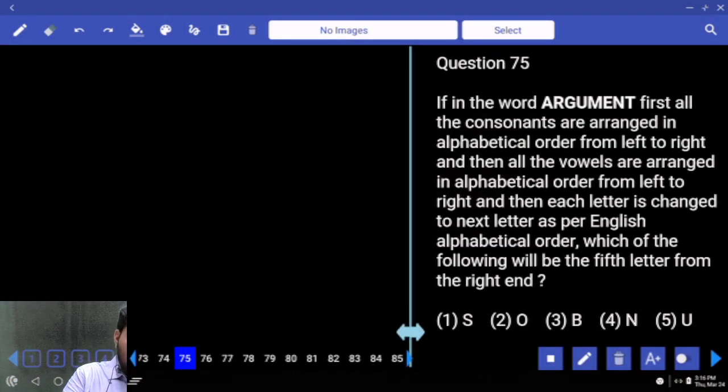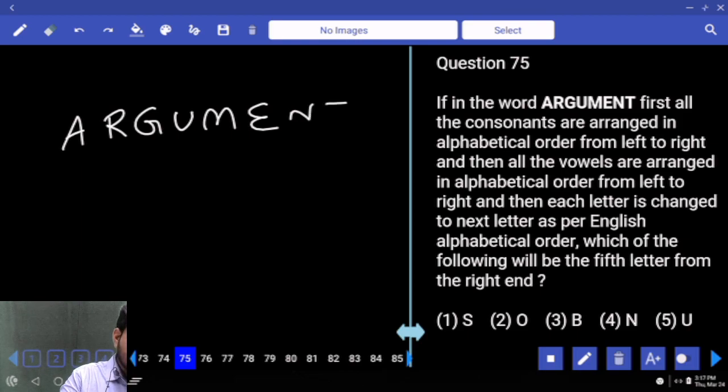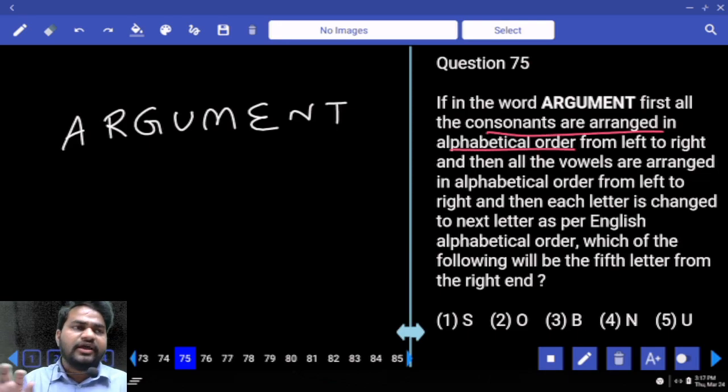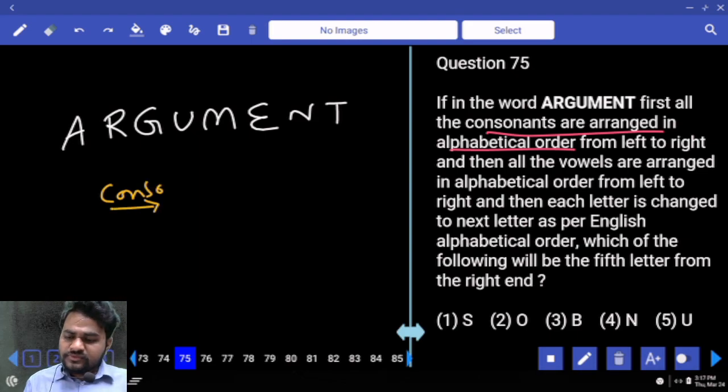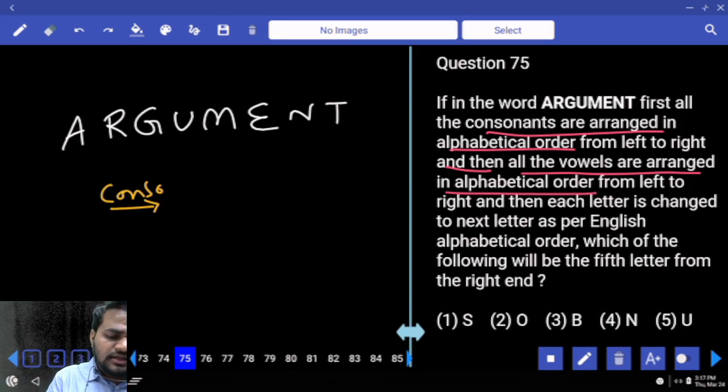In the word ARGUMENT, we need to deal with this. First, all the consonants are arranged in alphabetical order, and then all vowels are arranged in alphabetical order, from left to right.